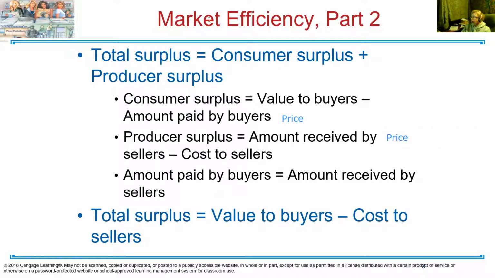So if you really want to think about this, we could say, okay, value to the buyers minus the amount paid by the buyers, which is essentially price, and the amount received by the sellers, which is essentially price. So what we can really say is that the total surplus is the two things which are left over: the value to the buyers minus the cost to the sellers.